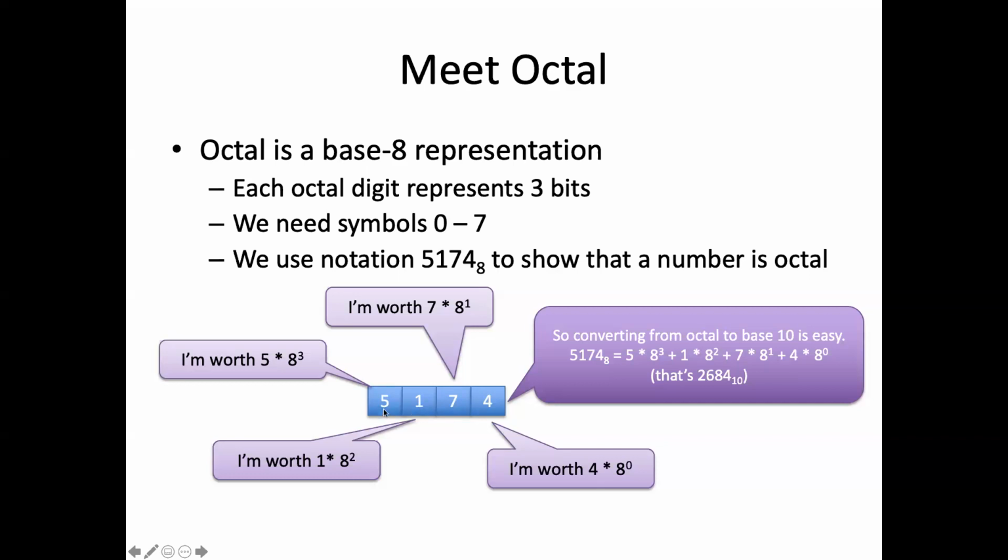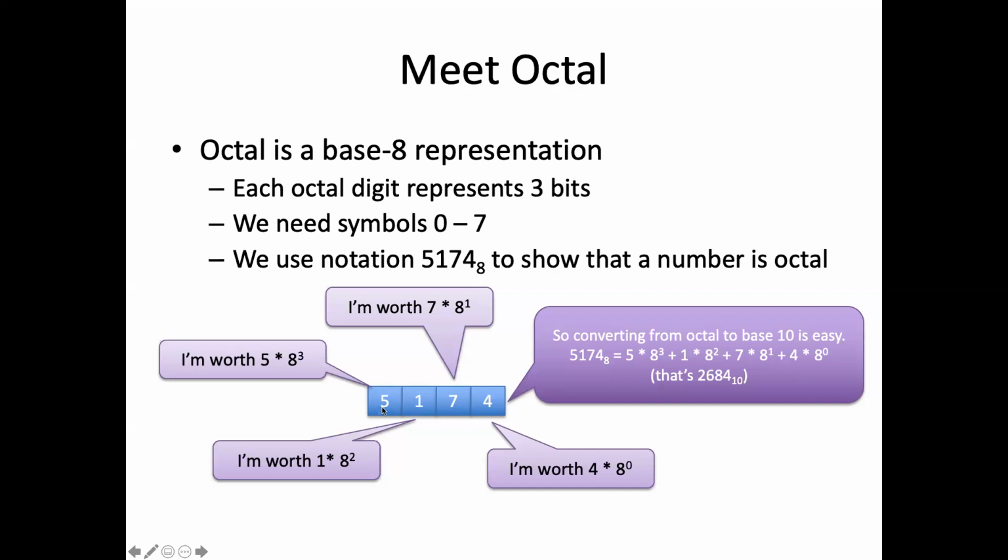And this position is worth 8 cubed times as much, which I think is 512. I'd have to check my math on that. So in this number, 5174 in base 8, this 4 is worth 4 times 8 to the 0, or just 4. This 7 is worth 7 times 8 to the first. This 1 is worth 1 times 8 squared, 8 to the second.